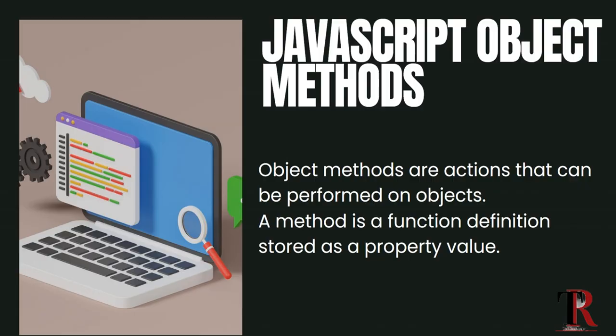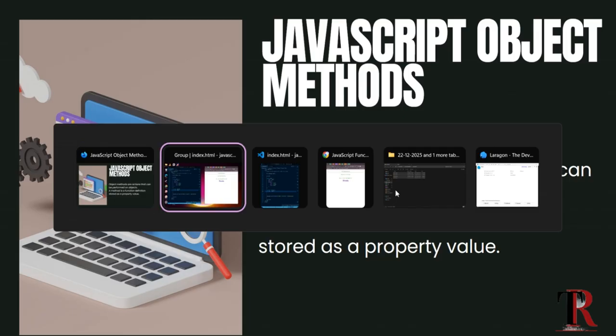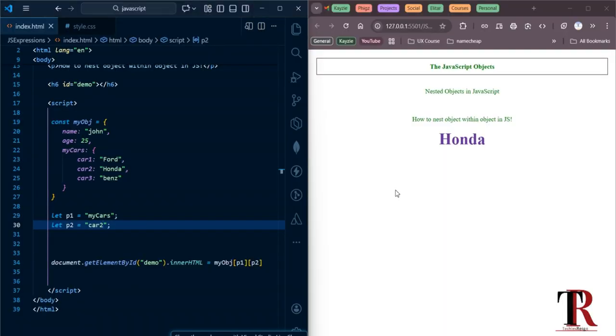The normal way we store key-value pairs as the properties of our object is the same way you store a method in JavaScript. So, a function definition stored as a property value. You are going to see what that means in the examples that will be demonstrated as we continue.